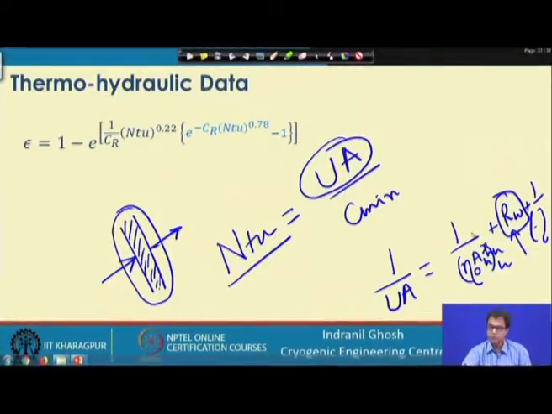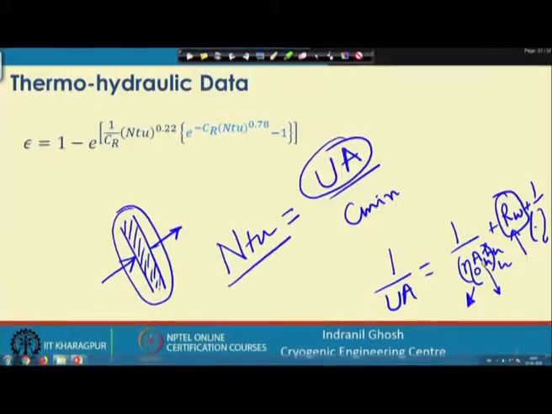Theoretically, since we know the fin specification, we would be able to ideally calculate AH, the overall efficiency of the fin, and HH, that is the hot side heat transfer coefficient.